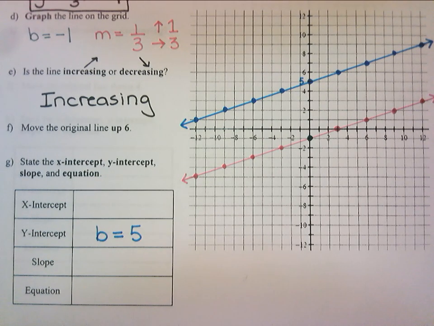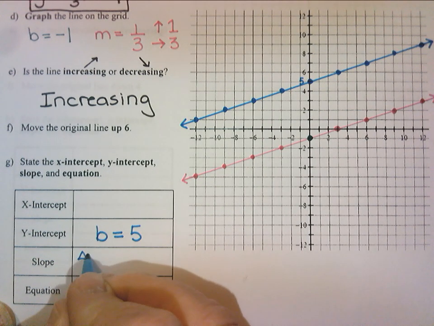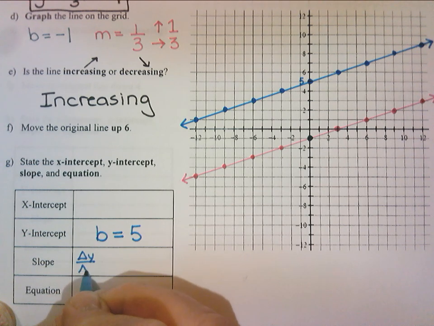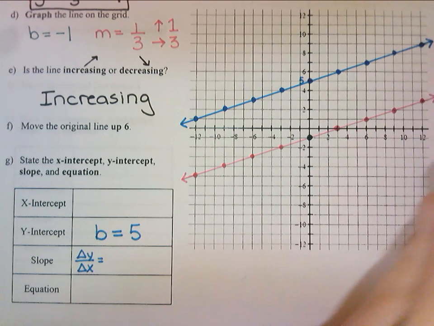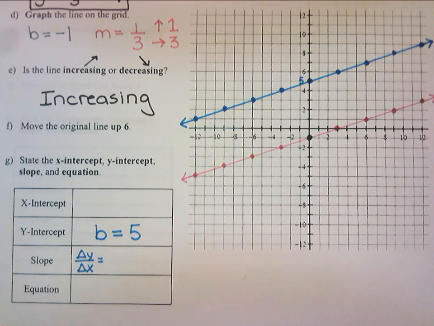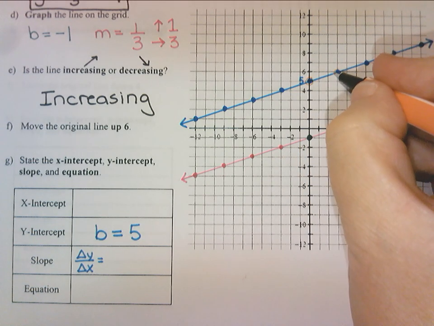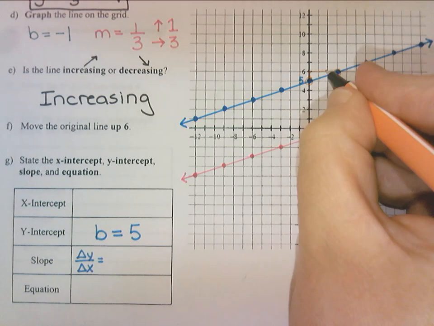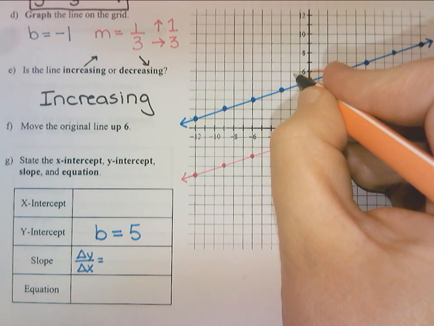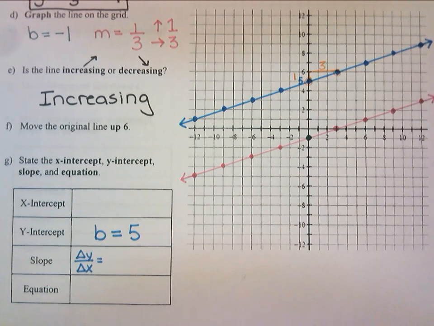The slope. So slope is delta y over delta x. When I have a graph on a grid, all I need to do is try to figure out how we are getting from one point to the next. I notice we are going 1 square up and 3 squares over.